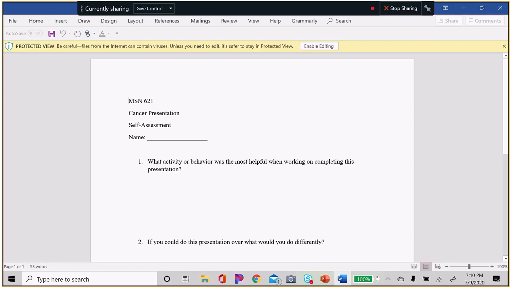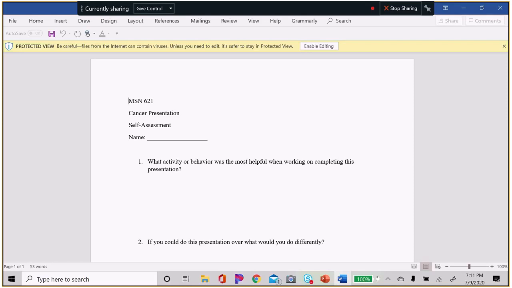In that cancer presentation Dropbox on Moodle, you'll also see your cancer presentation self-assessment. I think most of you have taken Alverno classes already, but Alverno is obviously big into self-reflection. How can you use what you've learned in your future job as well as in future classes?